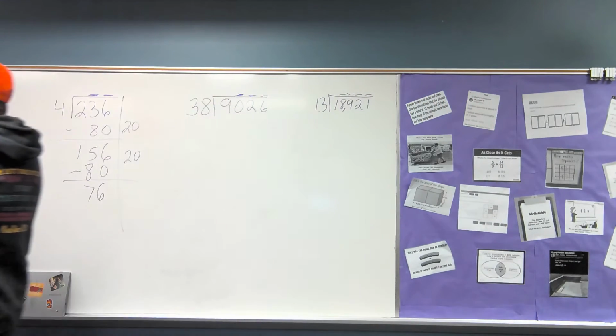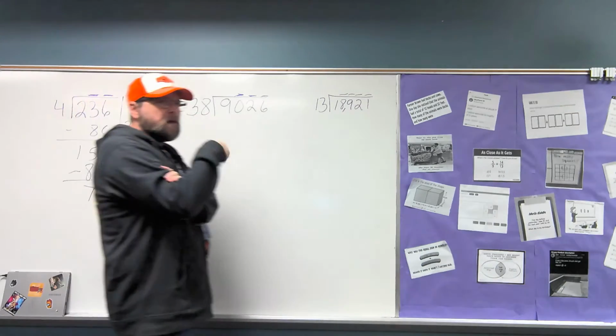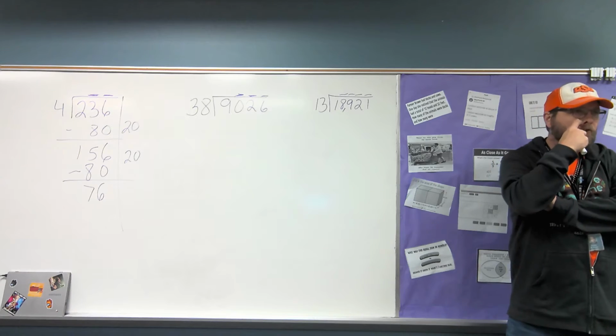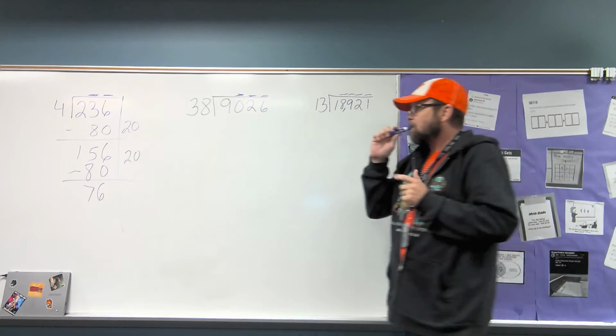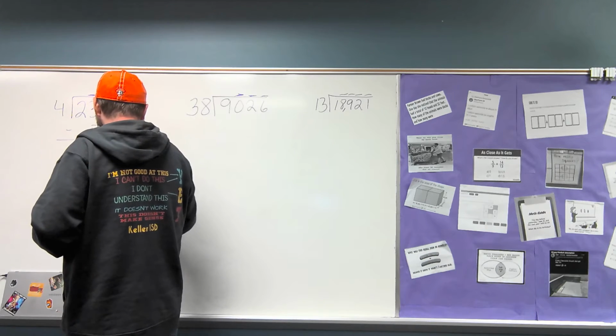So if I say 4 times 10 is what? 40. So if I said 4 times 12 is what? 48. So once we get down to where we can use what we know in our multiplication chart. But let's use 4 times 10.